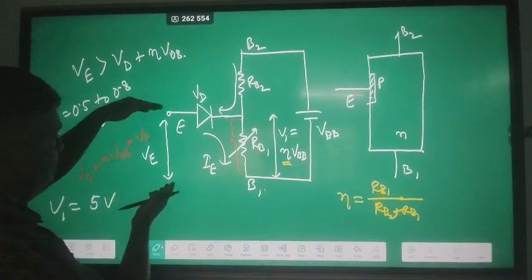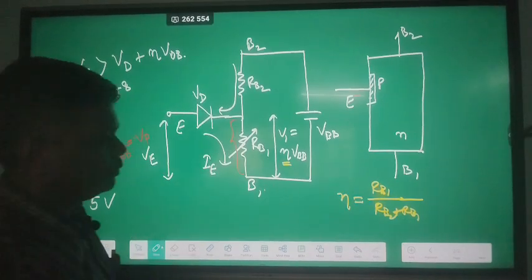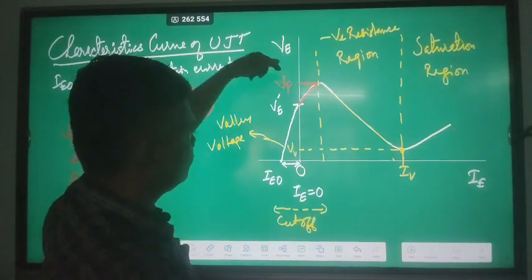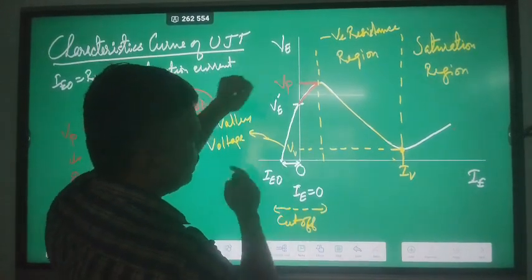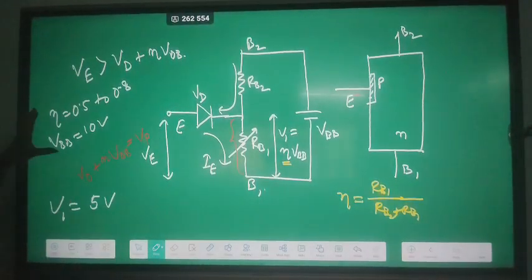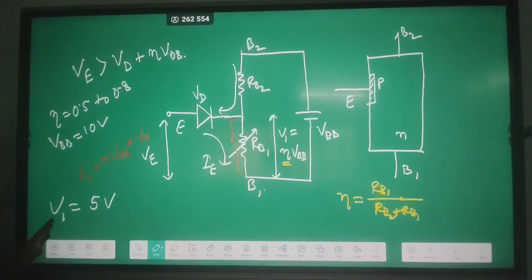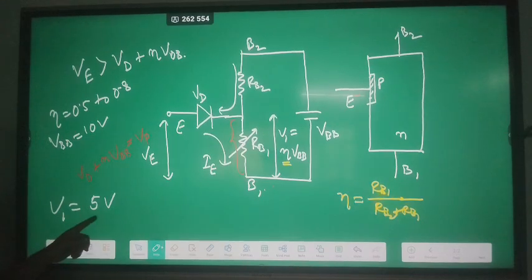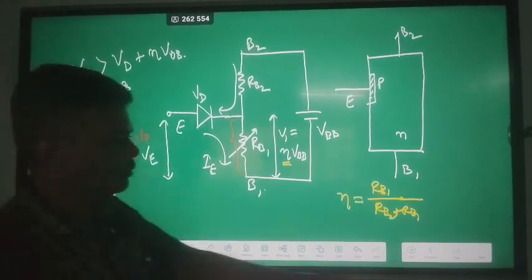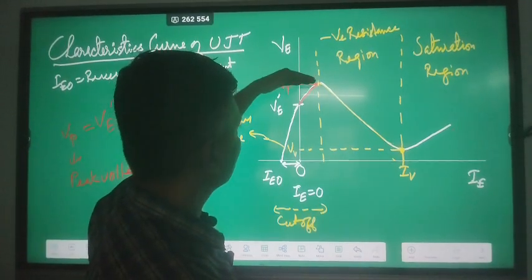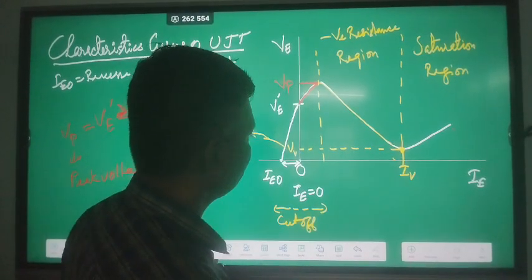So how much VE will be required to inject the holes into the UJT? The voltage required will be more than 5 volts in this case. For this example, the VE required so that the holes will be injected inside the UJT will be greater than this 5 volts. So that is why we have Vp at a higher value of VE.